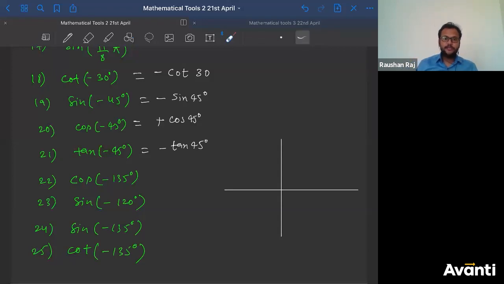Okay, I'm getting the answer third quadrant. Very good. So minus 135 degrees will lie in which quadrant? In the third quadrant. No problem, sir. So it will lie in the third quadrant.